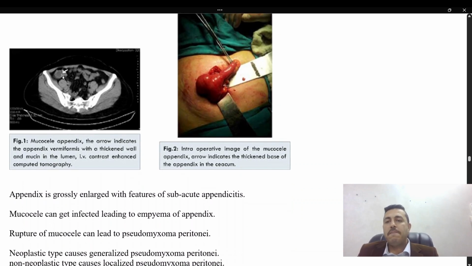Here you can see we expect that this is the appendix, but you cannot 100% confirm that it's the appendix. Plus, biopsy is contraindicated as rupture can lead to pseudomyxoma peritonei. So no role for biopsy, no role for frozen section or intraoperative biopsy.